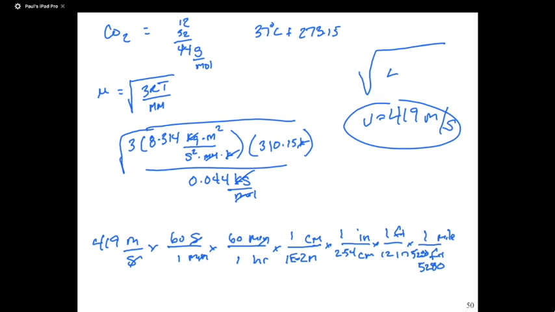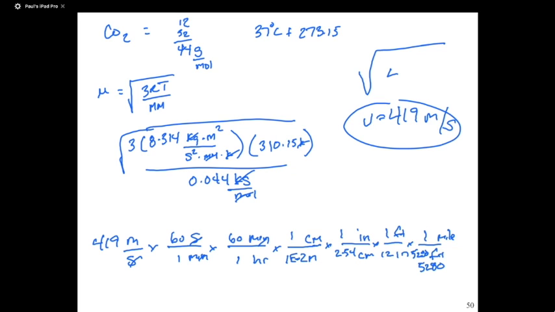No, that doesn't look right. What did I get? What was wrong? 419. Did I get it right? Meters, 1 centimeter is that. Inches, 12 inches is 1 foot.